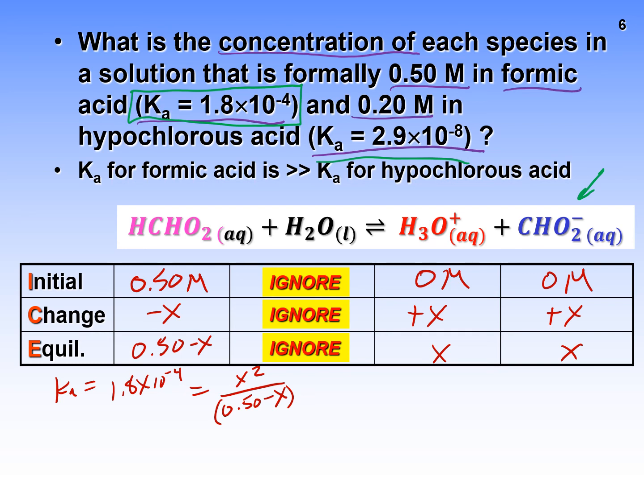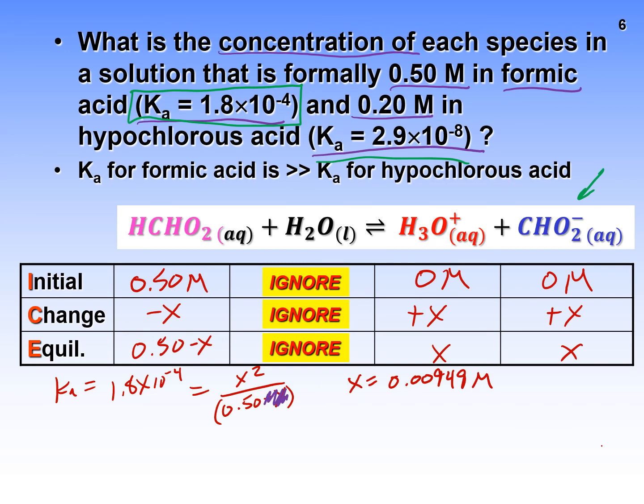Now, I'm going to use the 5% rule here because I know I can, but in most cases we can for weak acids. I would generally do it, but then always double check if it was okay. It will be okay in this scenario. This means that x is really just going to be equal to 1.8 times 10 to the negative 4 times 0.5, and then you just take that to the power of 1/2, or square root it, and you're going to get 0.00949 molar for x.